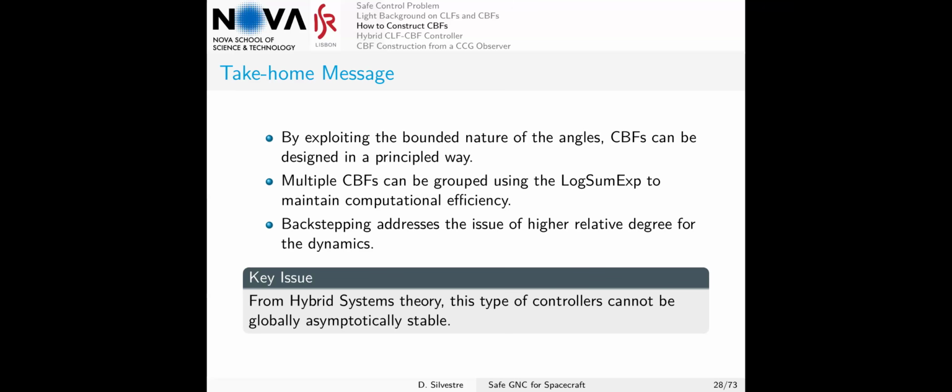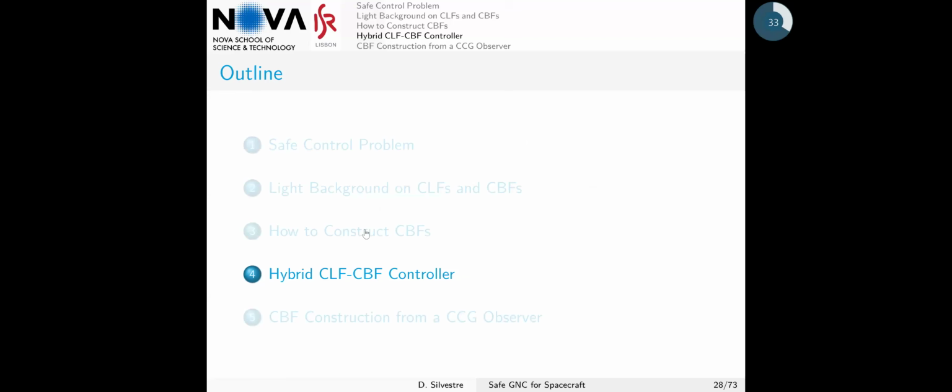One of the key features they use to motivate hybrid controllers is that you cannot guarantee global asymptotic stability for this type of thing. So I must have some problem that I hid under the table. Let's look into that. That's the next part.